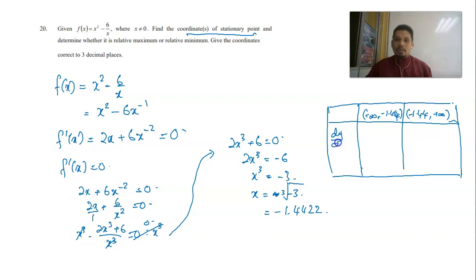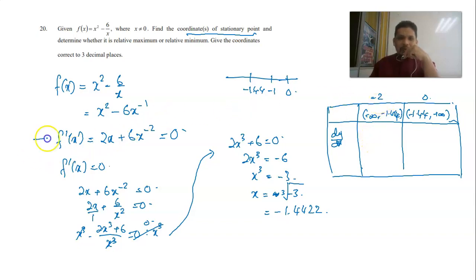So dy/dx, less than negative 1.44, just imagine there is a negative 2 here, and greater than this. This is negative 1.44, negative 1 and also 0. So greater than, that makes our life easier. Take 0 as a value of x then.